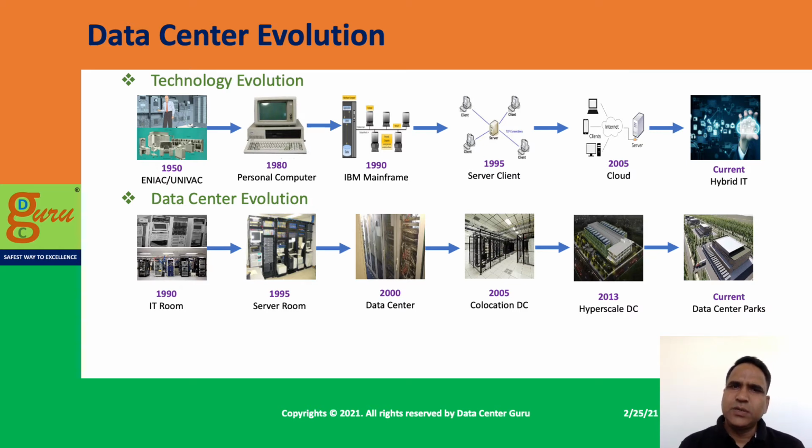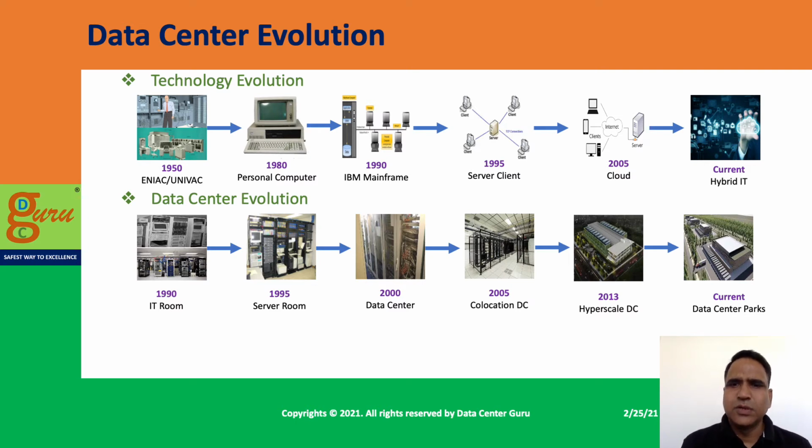But it moved further in 1995, when people started putting all their servers or technological equipment in racks, and they identified that area and called it a server room. So I would say in 1990 there was no dedicated room for servers.